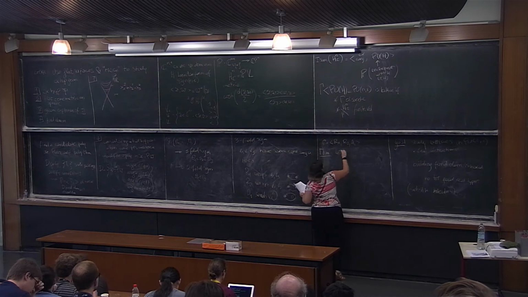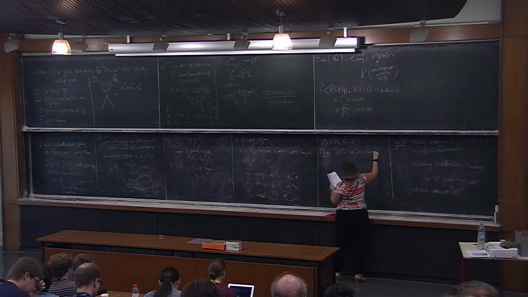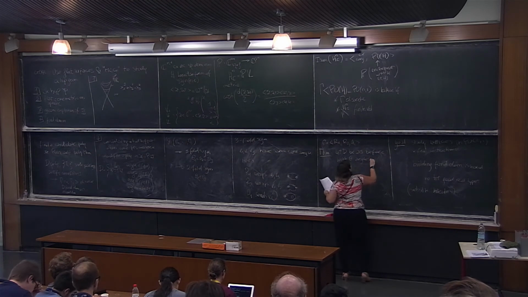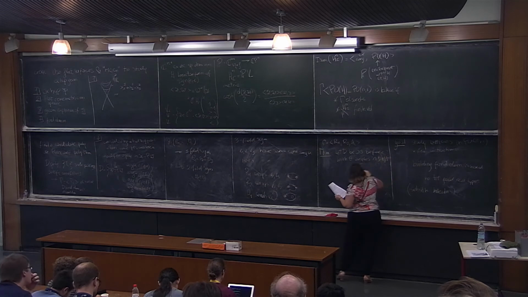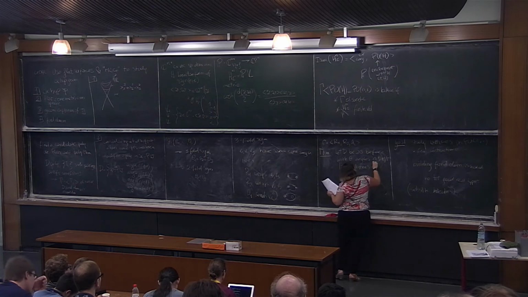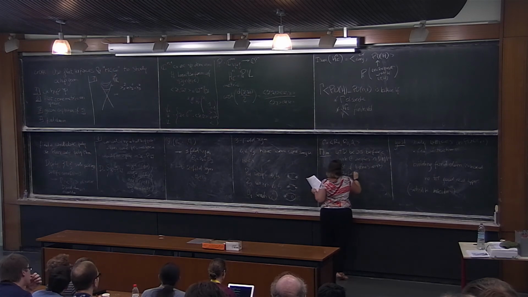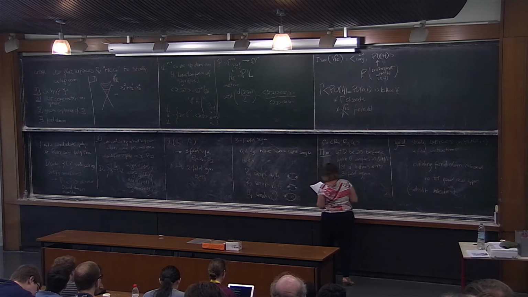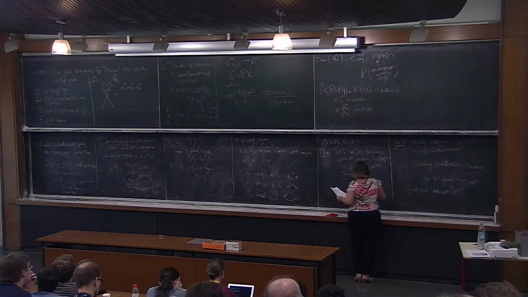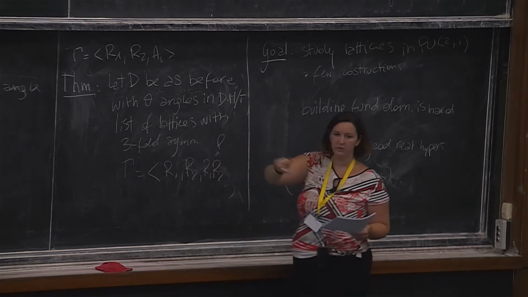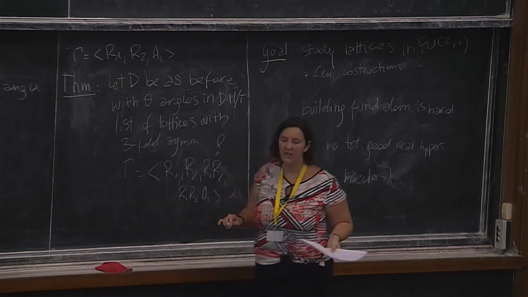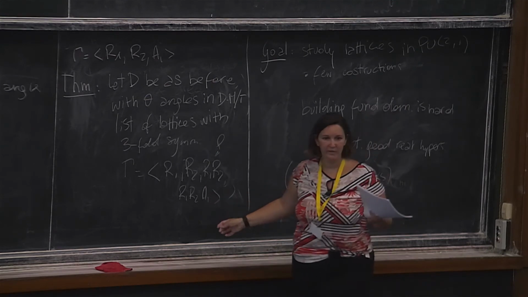So as we just defined, with theta angles in the Deligne-Mostow Thurston list of lattices with threefold symmetry, the group gamma generated by R1, R2, R1, R2, that is the P that we used for the coordinates, and R1, R2, A1, which is the same group as the gamma that we considered here, but I'm giving those as generators because they are my side pairing maps.